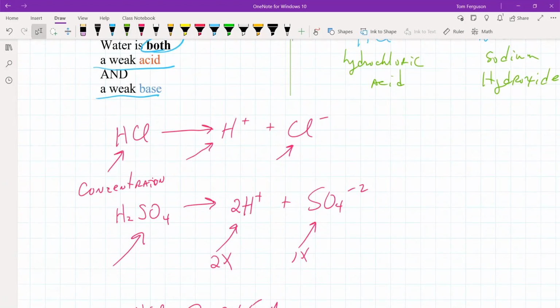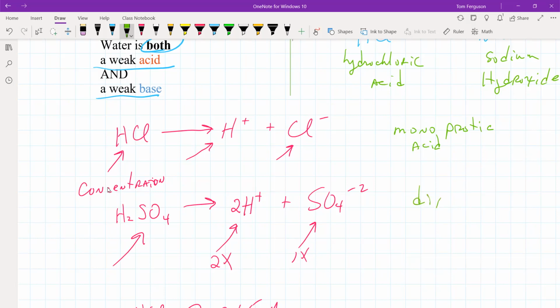Now, if we have something called a monoprotic acid, mono means one, protic means proton. So if we have a monoprotic acid, one H plus comes off.